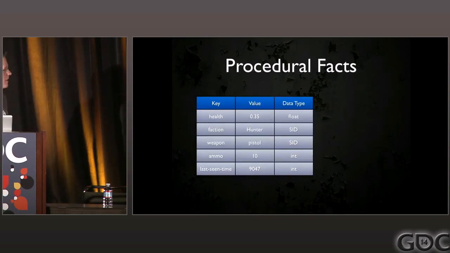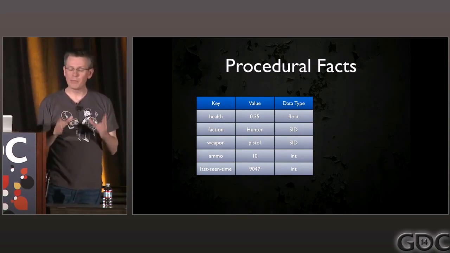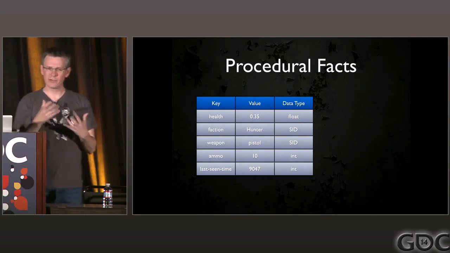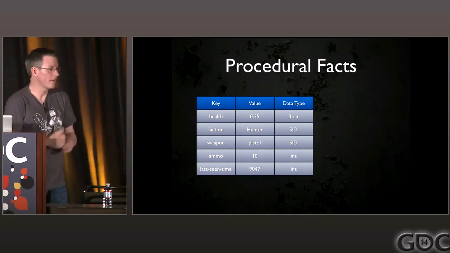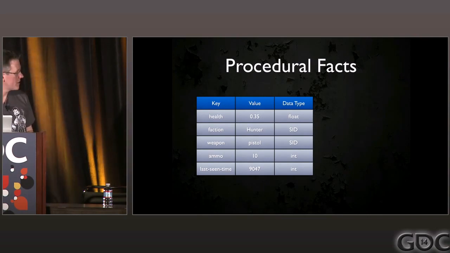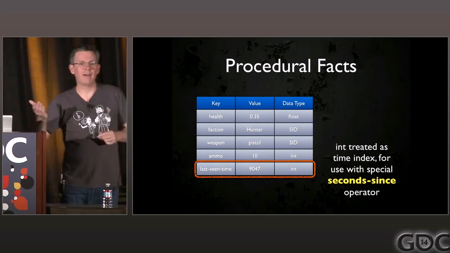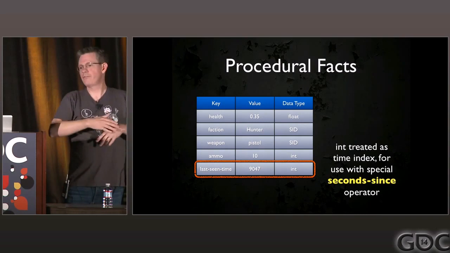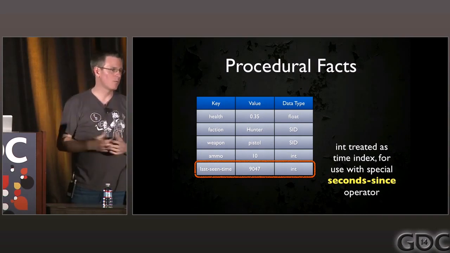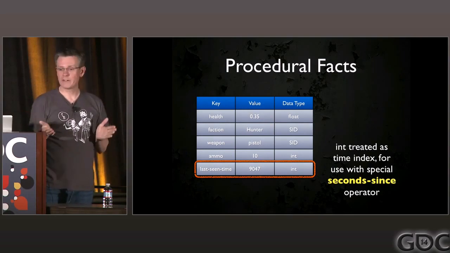One other thing I should mention is there are certain kinds of information in a fact dictionary. The problem with fact dictionaries is that the data in there is sort of static. You store the data in there, and that's it. But in the case of, let's say, timing data, we can store the last seen time as an absolute clock value. Let's say that we're counting the number of ticks, where a tick maybe is 1/300th of a second or something, since that encounter has played.